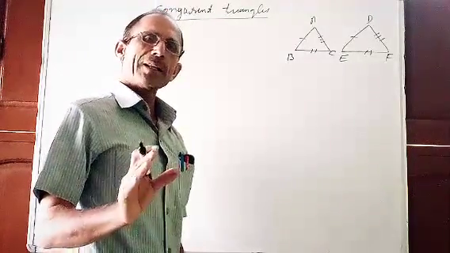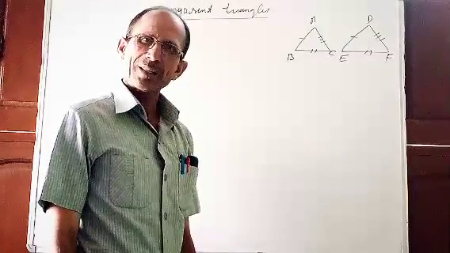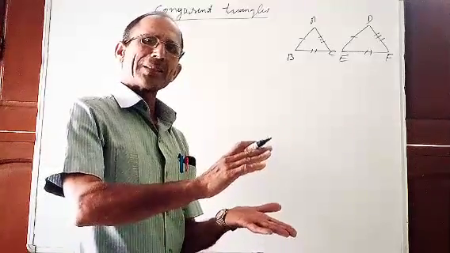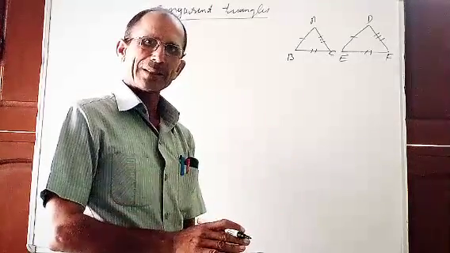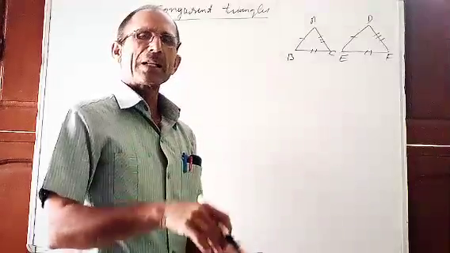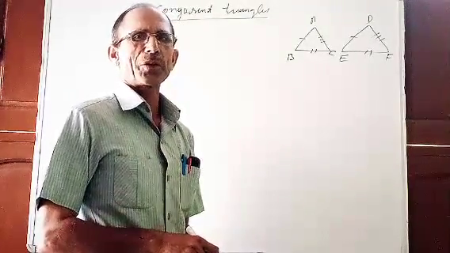So two triangles will be congruent if their corresponding sides are equal. Congruency means if one triangle is kept on the other and covers it exactly, we can call them congruent.